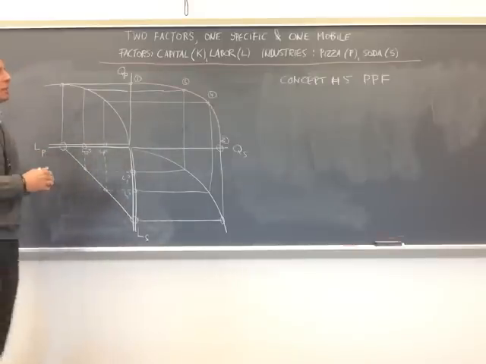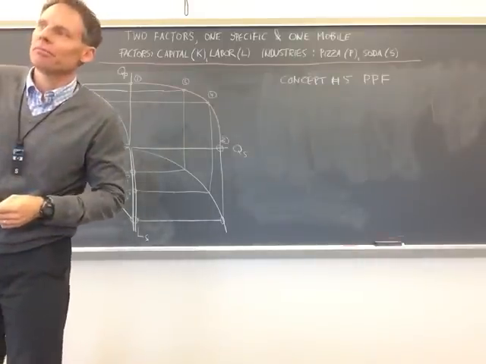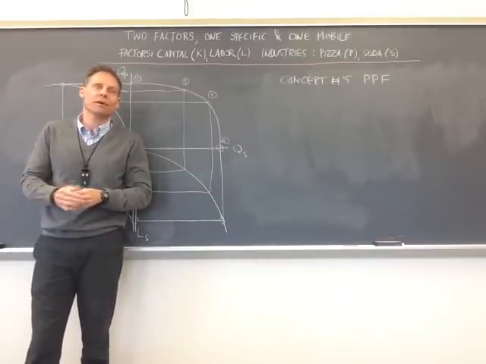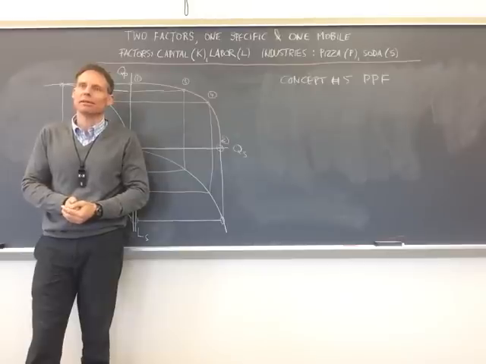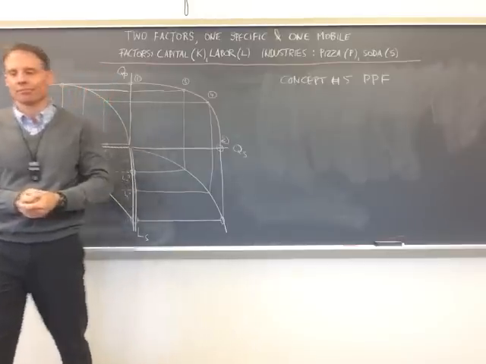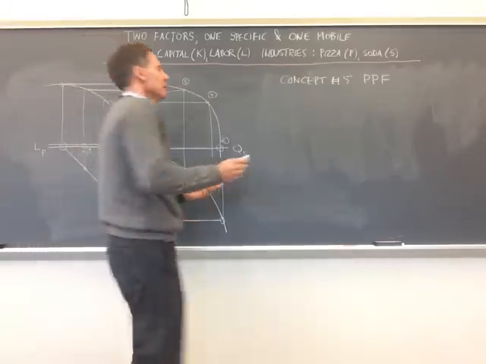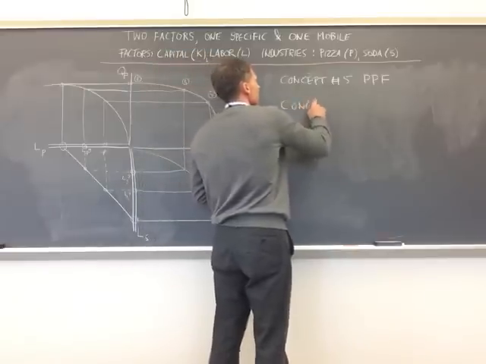So we have a combination of two goods that can be produced given resources and technology, and that's the definition of a PPF right there. If you feel good about that one.